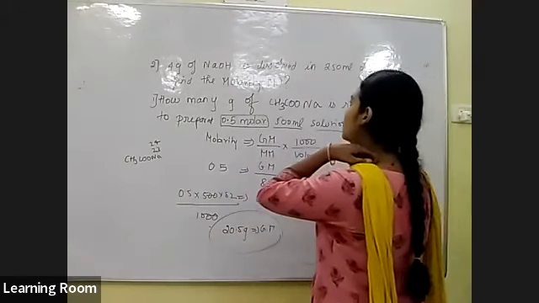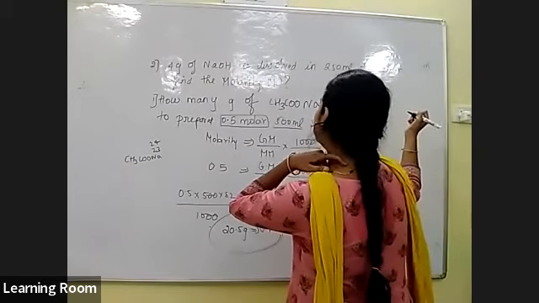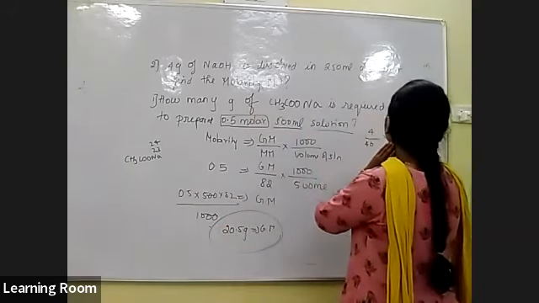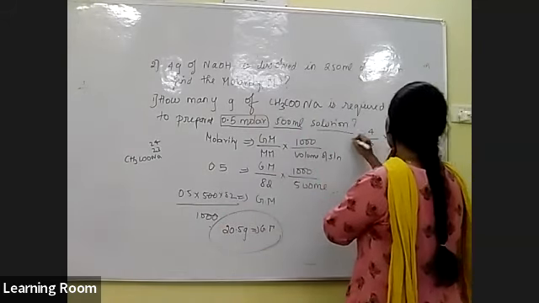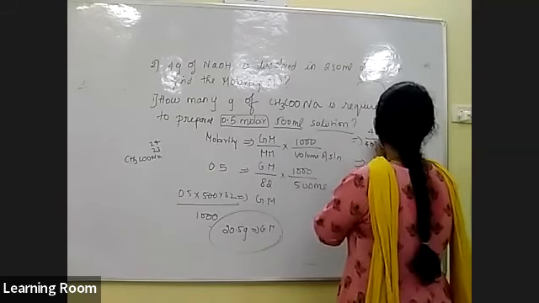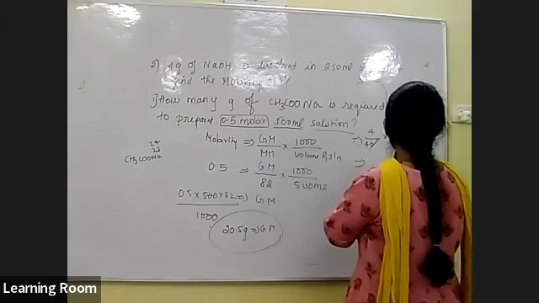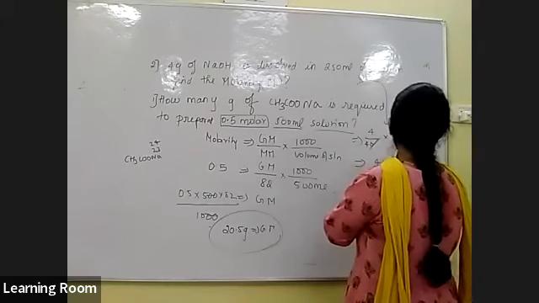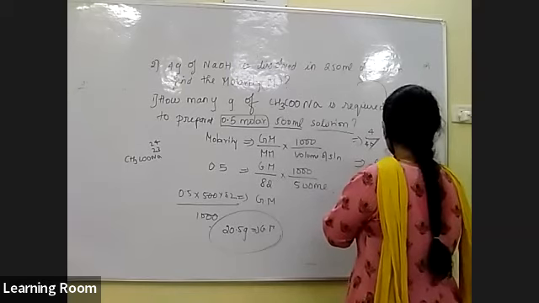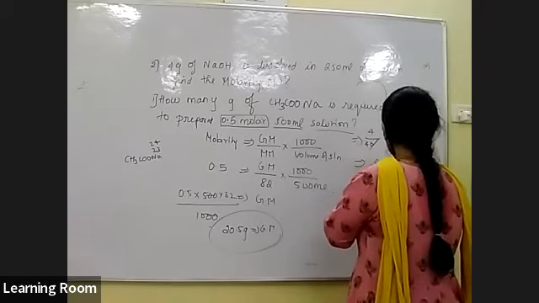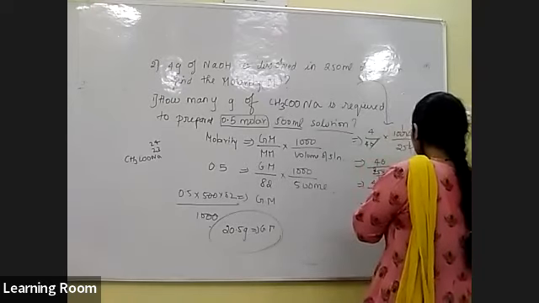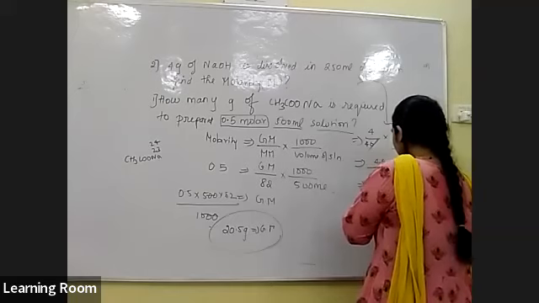Given mass, molar mass of NaOH is 23 plus 16 plus 1, that is 40. 40 into 1000 divided by 250. It's a direct one. So solve it. It's 0.4 moles per liter, or else you can write 0.4 M.